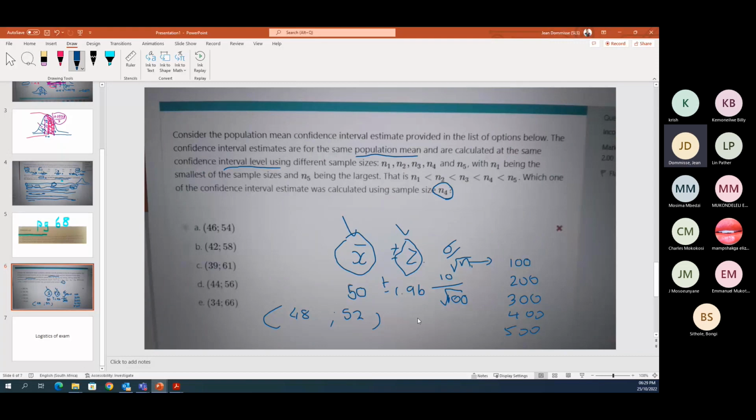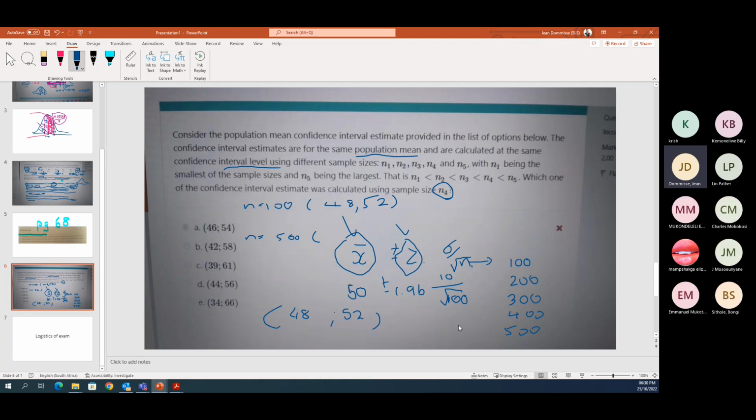With N equal to 100 we have 48 and 52, and with N equal to 500, if you have calculators, you can do it with me: 10 divided by the square root of 500 is 0.44, times 1.96 is 0.87.